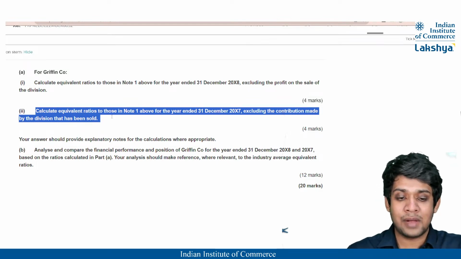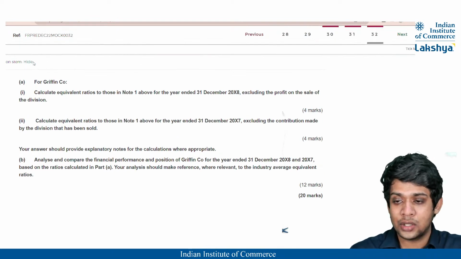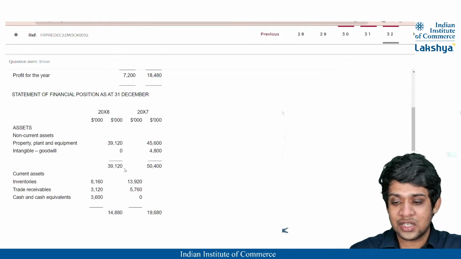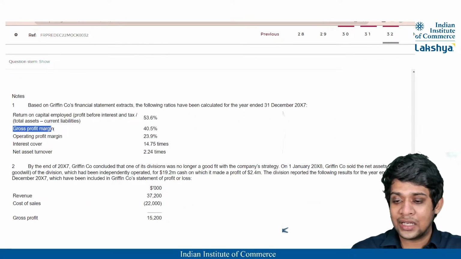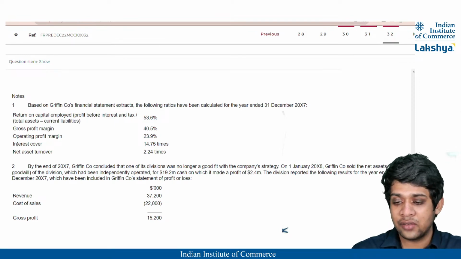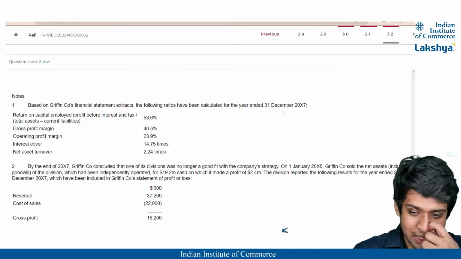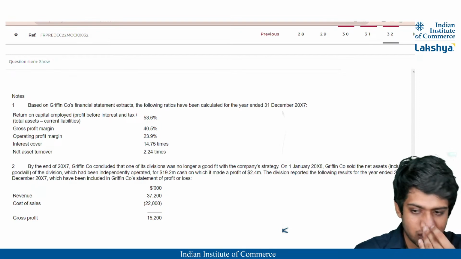So we will be given 4 marks for all of those ratios, and the ratios that we are supposed to calculate are only the ratios which are mentioned here, right? So you can see here, we have to calculate the gross profit margin, the operating profit margin, the interest cover, and the net assets turnover. Okay, so we have to calculate these 1, 2, 3, 4 ratios here.